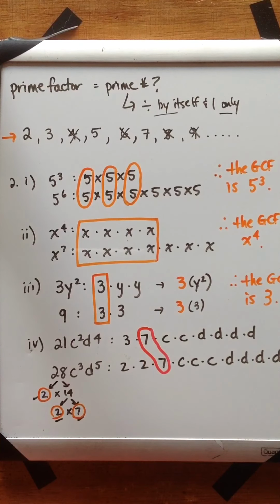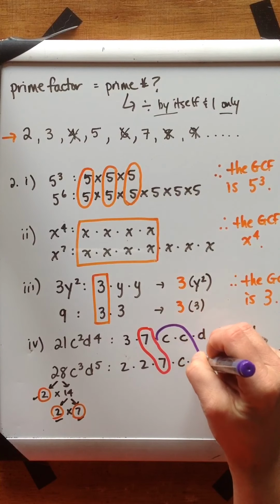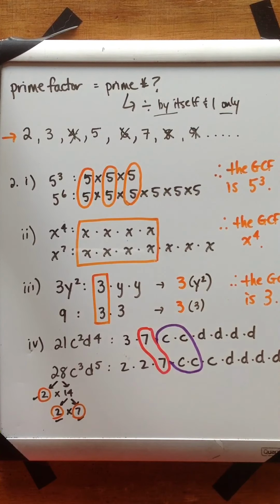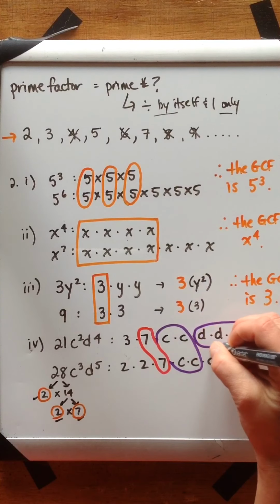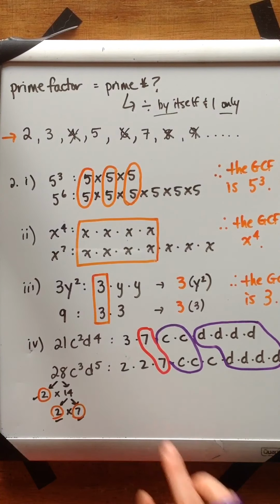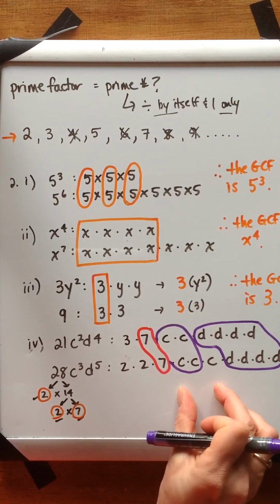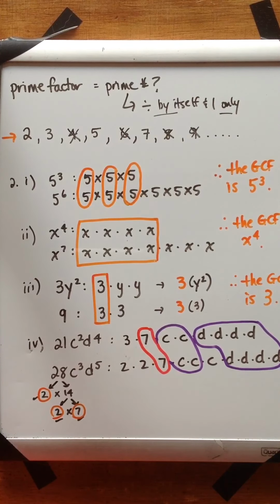When I look at the literal parts, I see that they share a couple of c terms and up to 4 d terms. Okay? So I want to rewrite each of these terms, putting their GCF out in front and then multiplying by the leftovers, if you will.